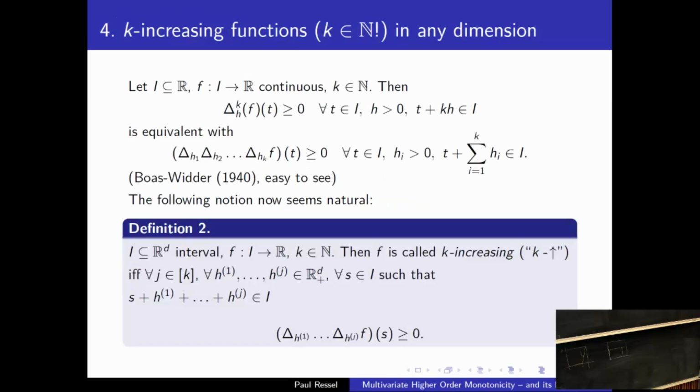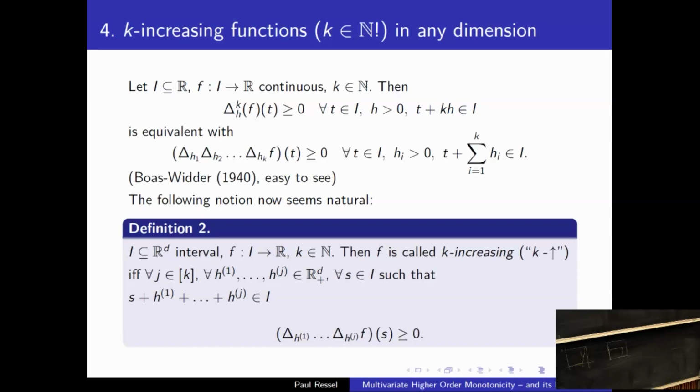If I is a real interval and f is continuous here, then such an iterated difference of order k is non-negative for all h where it is defined, which is equivalent to saying that I can take for every step another positive number, delta h1, delta h2, up to delta hk, for all t in the interval, positive hi such that this is defined. This is the result of Boas and Widder in a paper from 1940.